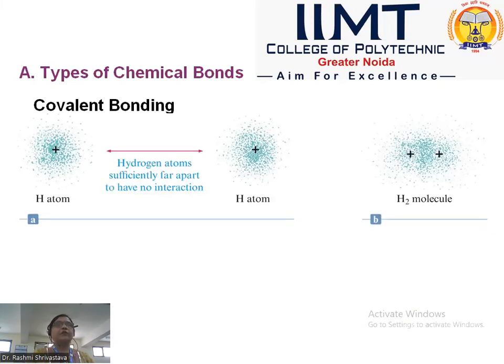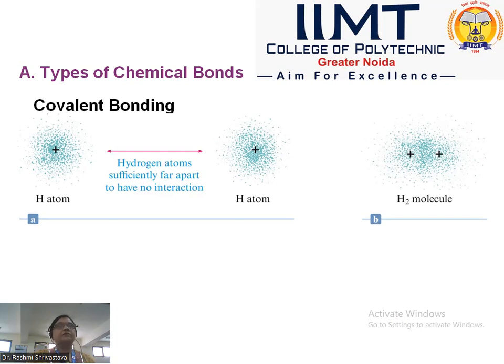The other type of chemical bond is covalent bonding. Covalent bonding is defined as the sharing of one or two electrons between two identical or non-identical atoms.